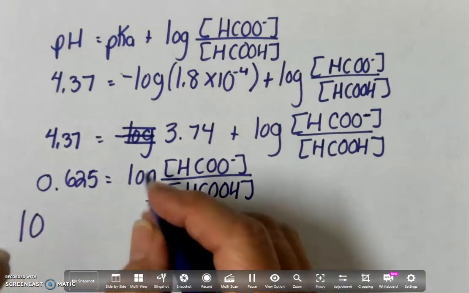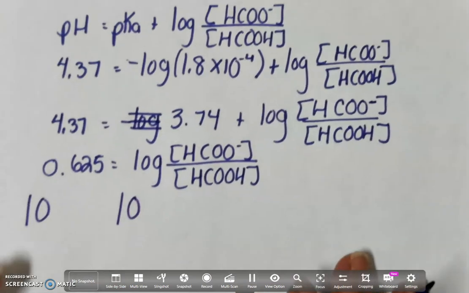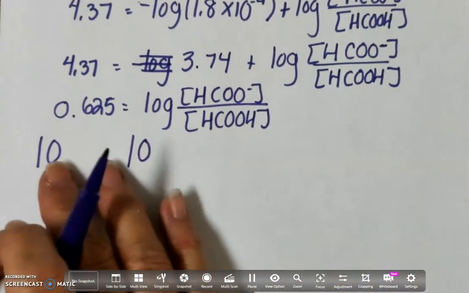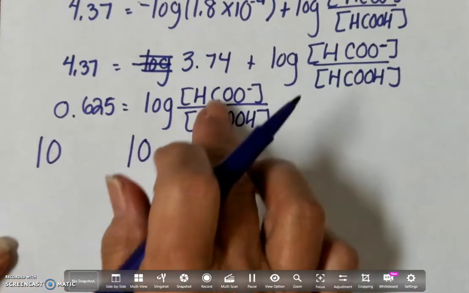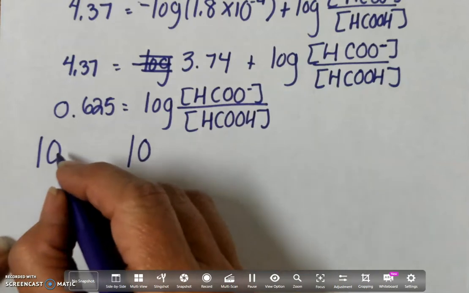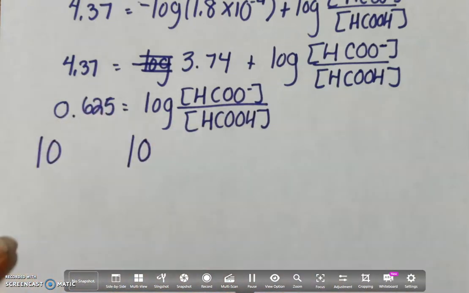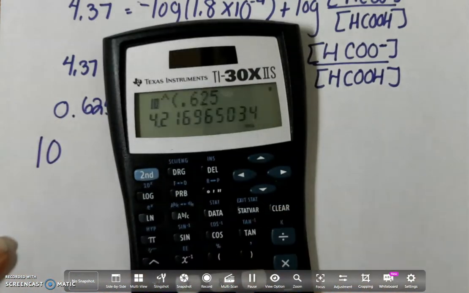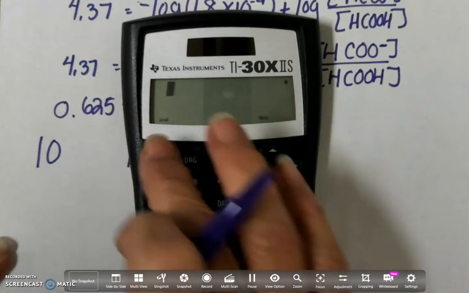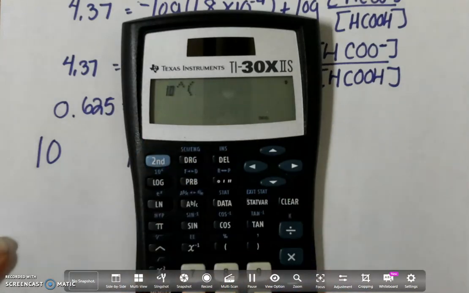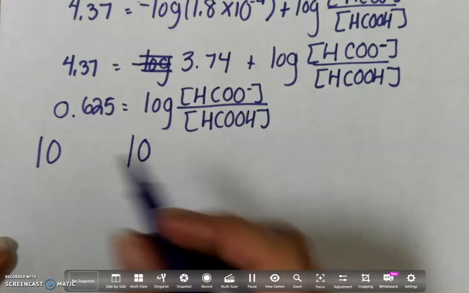So remember, like we did with ease, we're going to raise both sides, having them be the exponent to the 10th power. If I plug this in my calculator, let me show you: second log of 0.625 equals 4.22.